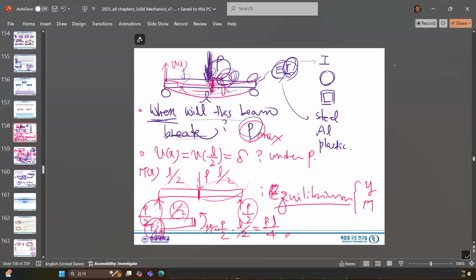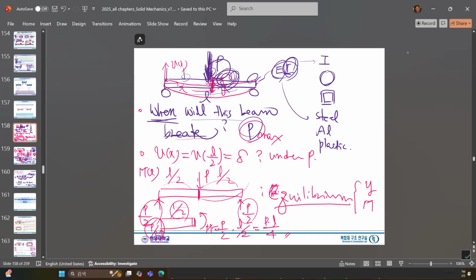If we know the delta, we should be able to say this pen will break. Or if this is any structure or airplane, we can say how much it can deform without failure. So we don't know yet how to calculate the delta. That's the one we'd like to do.